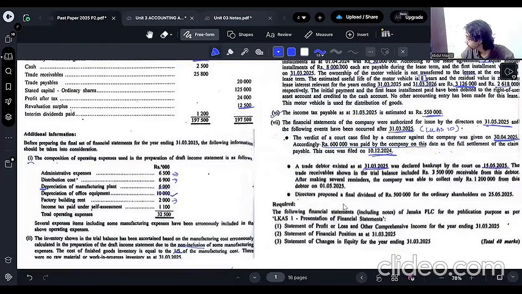Okay, on 5th of May the court declared them bankrupt. It's before the authorization date, and the debtor was there during the year. The trade receivable shown in the trial balance included 3,500 receivable from this debtor. After making several reminders, the company was able to collect only 1,200 from this debtor on 1st of May.